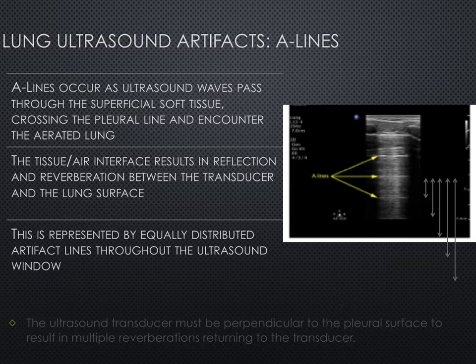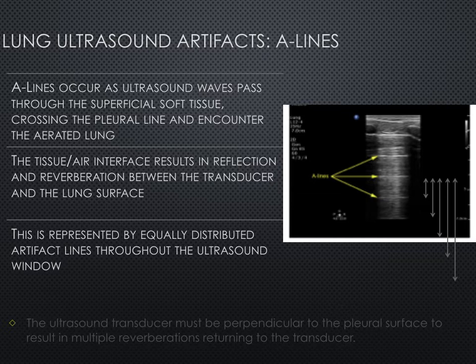So with an aerated lung, positioning your probe on the chest wall perpendicular to the pleural line itself should give you an equal reverberation artifact pattern, which are known as A lines. A lines are essentially just the reverberation of the pleural line that we've identified before at equal intervals throughout that aerated lung tissue for as far down as you're able to visualize on the lung itself.